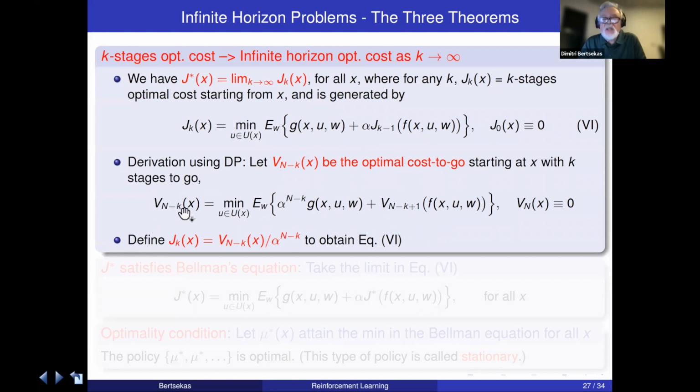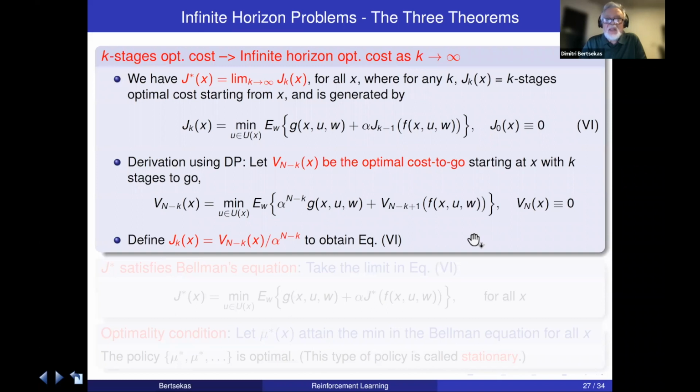Cost with k stages to go is obtained from cost with k minus 1 stages to go, plus the cost of stage n minus k. So this is exactly the finite horizon dynamic programming algorithm. And now, if you divide this expression by n minus k and define J k of x to be that, then you obtain this formula here.